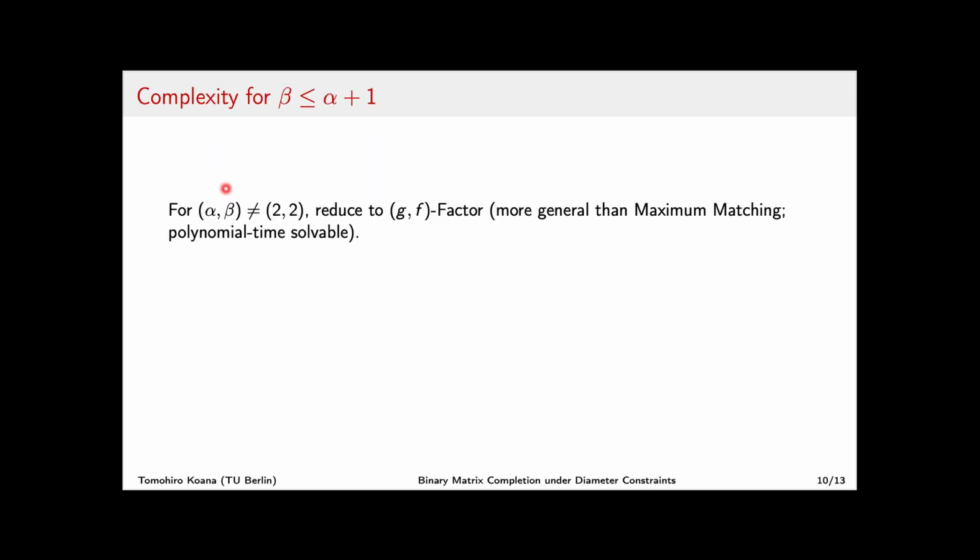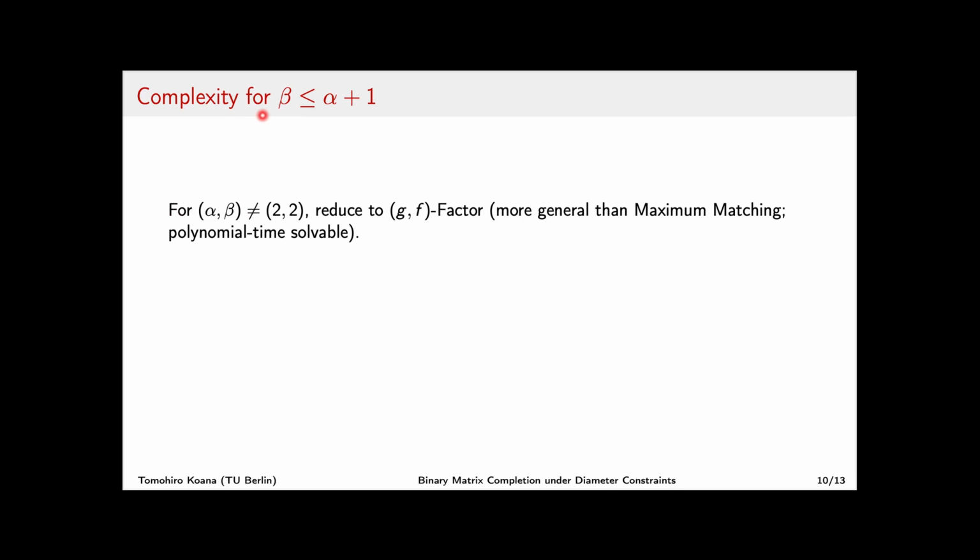We've seen that when alpha and beta are both equal to 2, it can be reduced to matching, and hence it can be solved in polynomial time. I'm not going to get into the details. I'm going to explain what we found for the more general case.